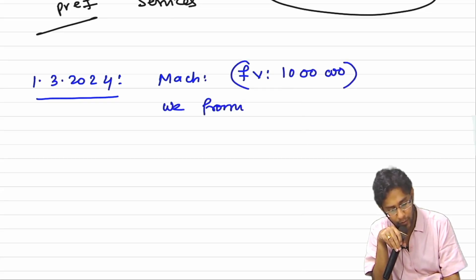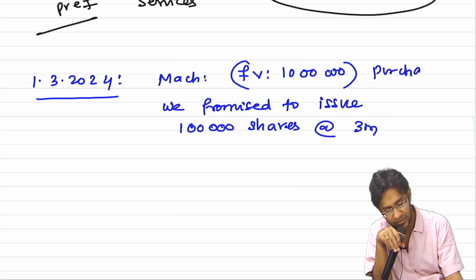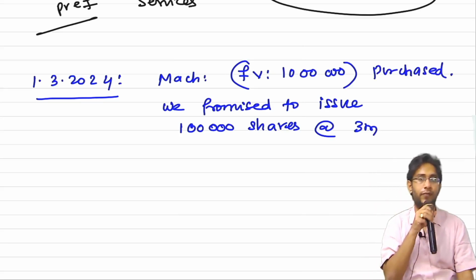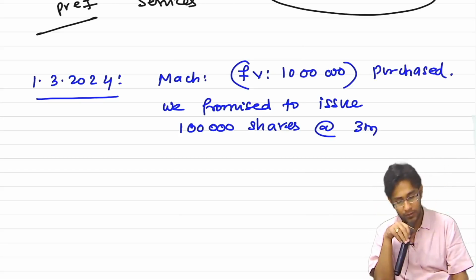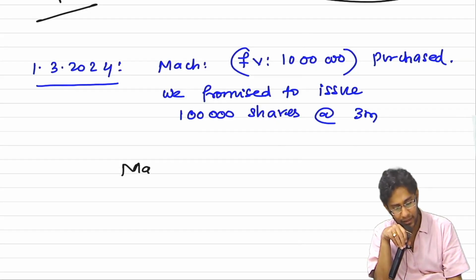And we promised to issue shares in 3 months' time. Machinery you received now, but shares you will issue after 3 months. So forget about the amount, let's focus on the plain skeleton entry.